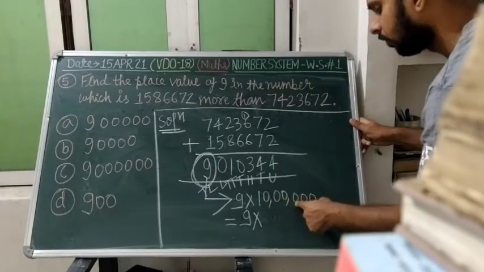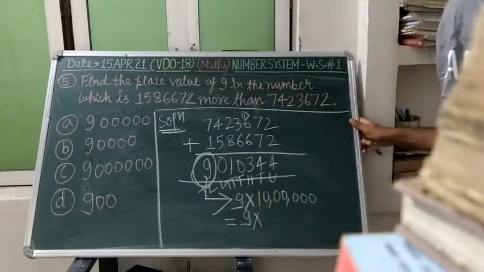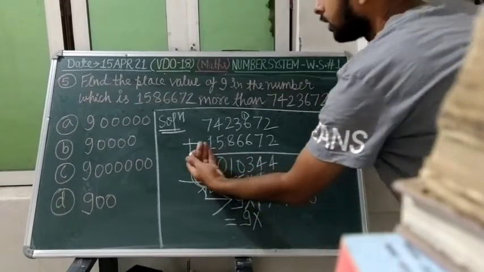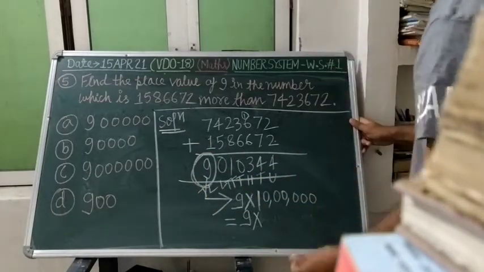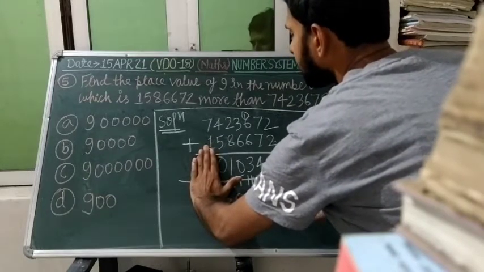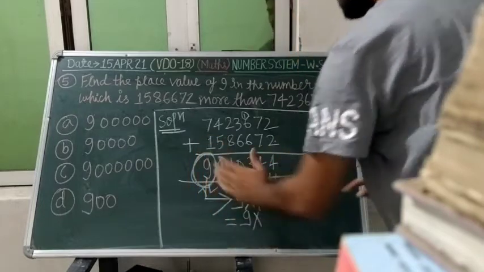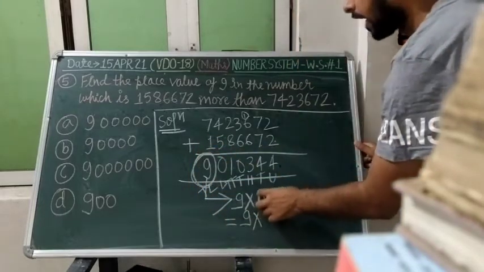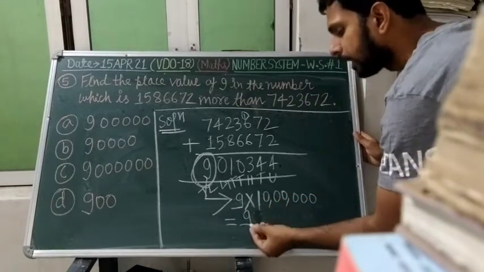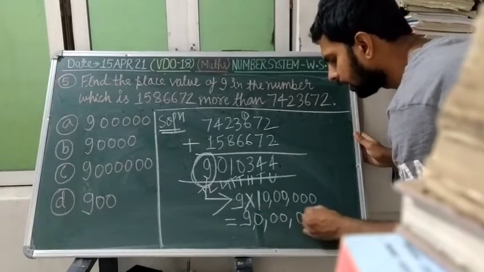You can check: whatever place value you want to find out, you hide that, and whatever number of digits are written on the right side, you are looking 1, 2, 3, 4, 5, 6 digits are written on the right side of 9. So you will write 1 and then 6 zeros. So 9 into 10 lakh will give you nothing but 90 lakhs.